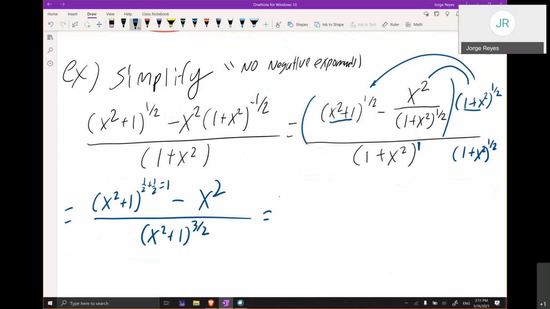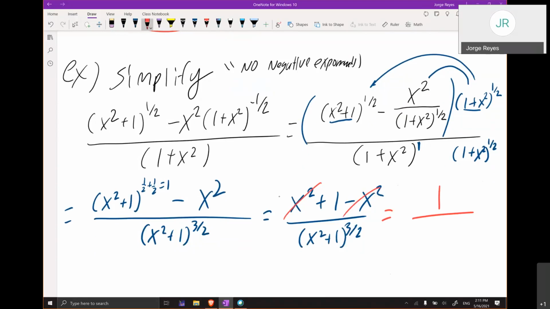And this is 1, so really the top is just x squared plus 1 minus x squared, over x squared plus 1 to the 3/2. Notice the x squareds cancel. So the final answer is 1 over x squared plus 1 to the 3/2.